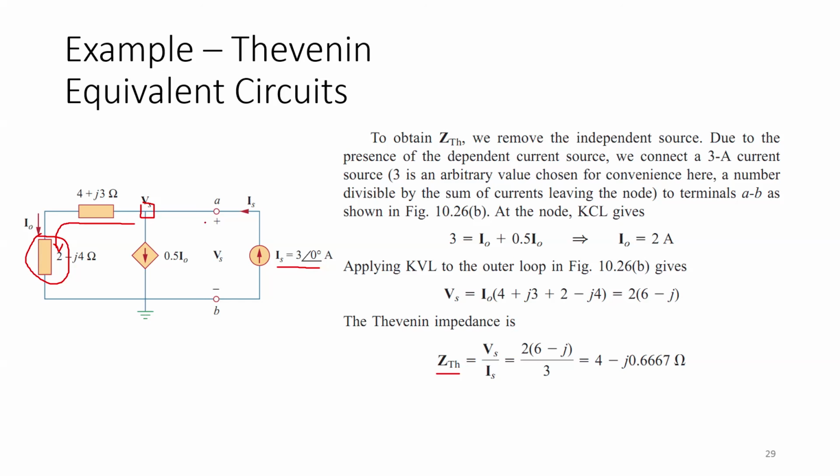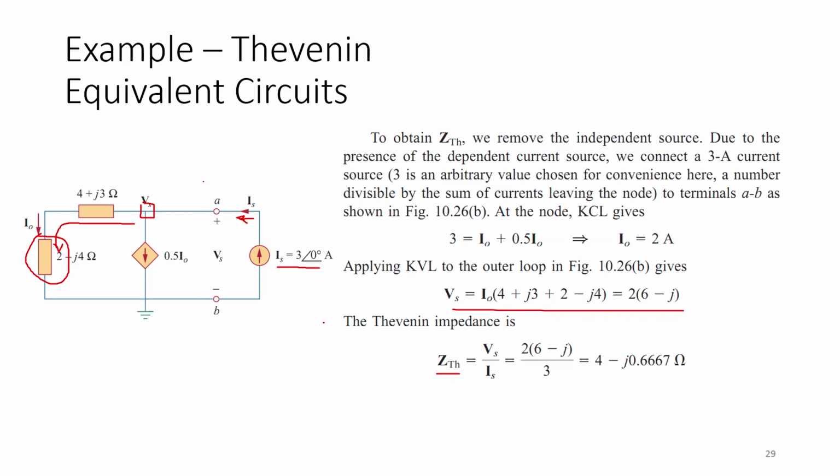And in this way, we get this Vs very simply. So now we have the voltage drop across these two terminals, and the current flowing inward to the circuit is Is. So the resulting impedance would be Vs divided by Is.